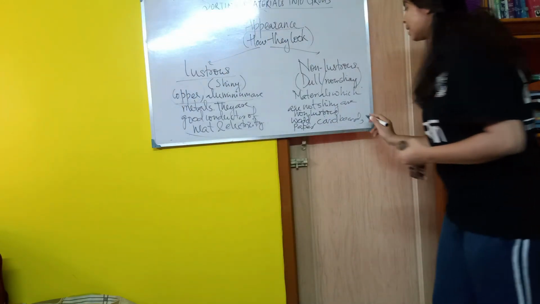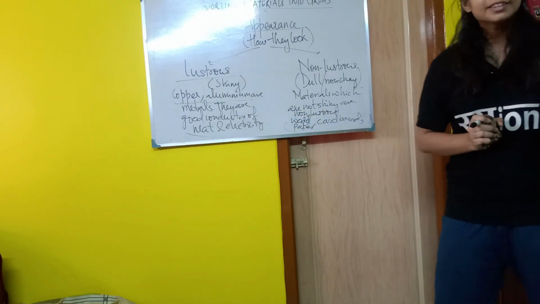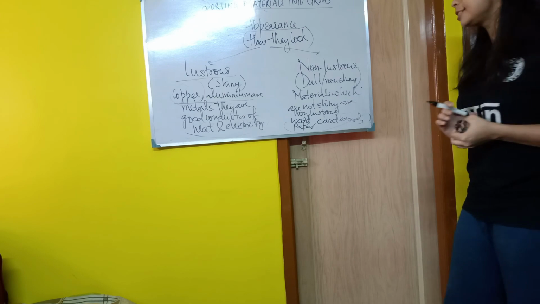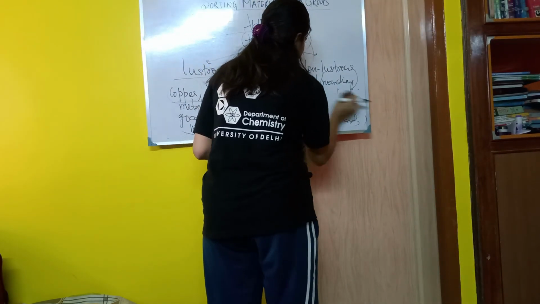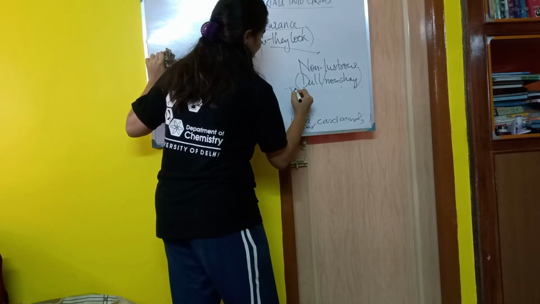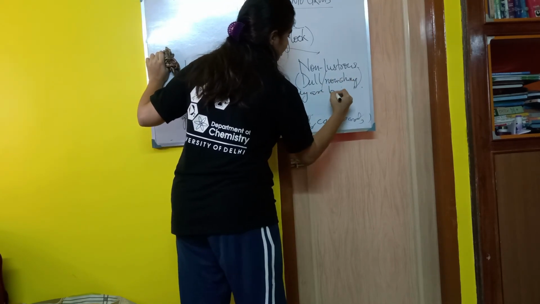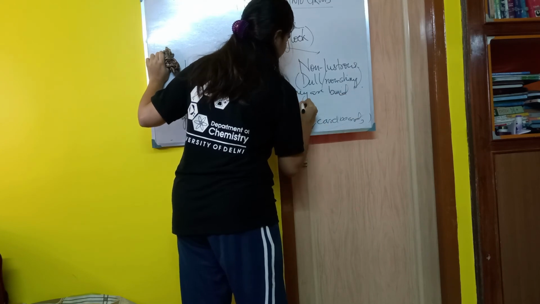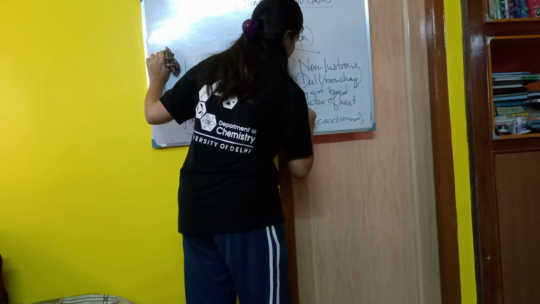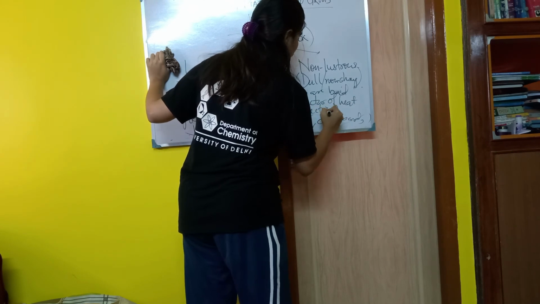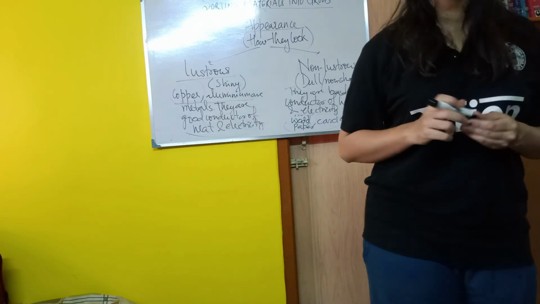But these materials, paper, cardboard, wood, are they conductors of heat and electricity? No, they are not. They are bad conductors. Bad conductor means they do not allow electricity or heat to pass through them.